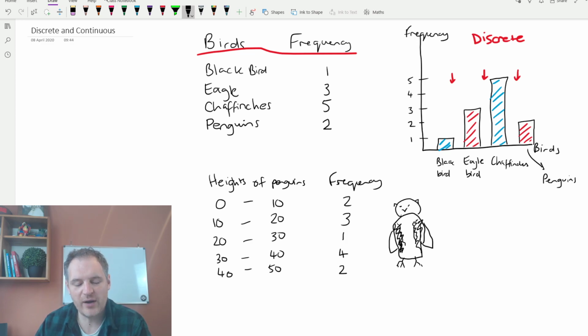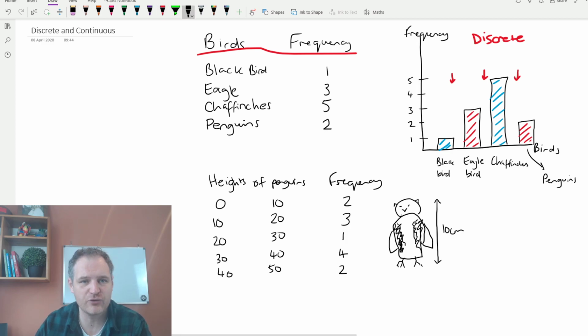But when I'm counting my penguins, if this was exactly 10 centimetres, would it go in the top group or the next group down, because 10 is in both? So to deal with that, we use a special system. Now don't worry, if you're year 3, this is not supposed to be scary. You do not have to copy this yourself.